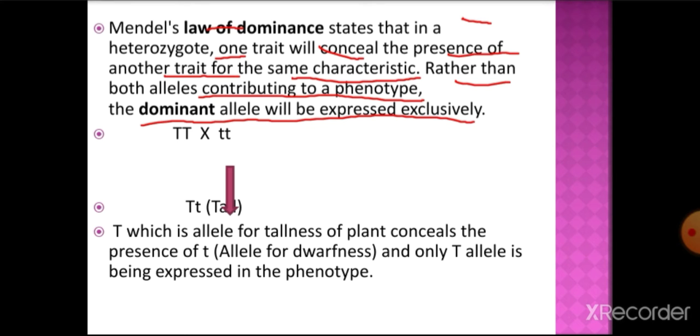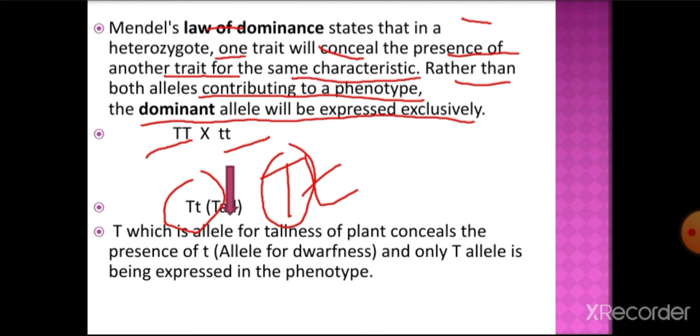So here we can see in the monohybrid cross that it did. This is a homozygous tall plant, this is a homozygous dwarf plant, and cross occurred, and all the F1 plants were this heterozygote. It was a heterozygote tall plant, and it was tall. So in phenotype, only capital T was seen, was expressed, right?